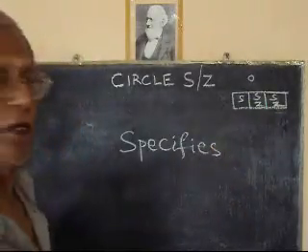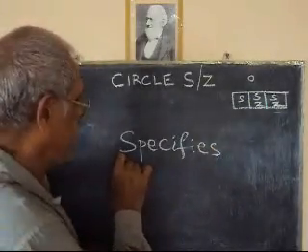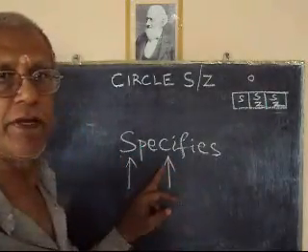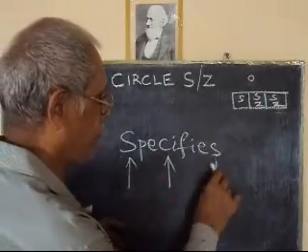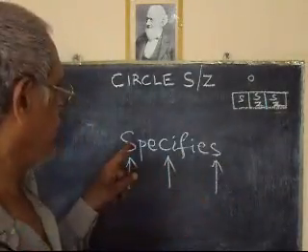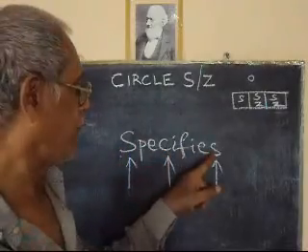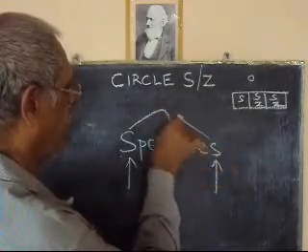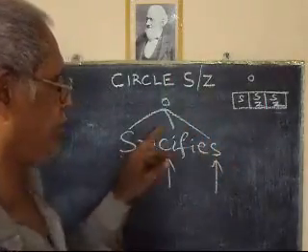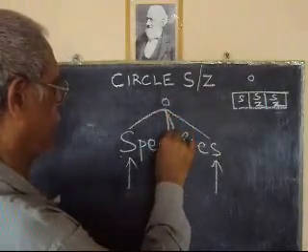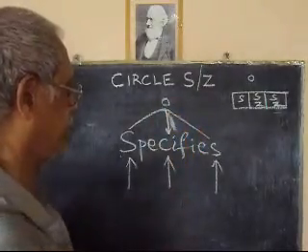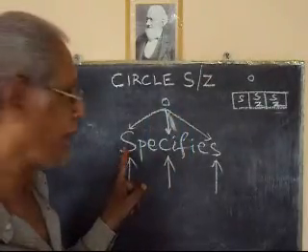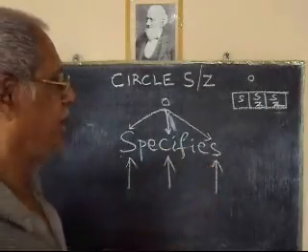The initial, medial and final sounds of S can be represented by a small circle.